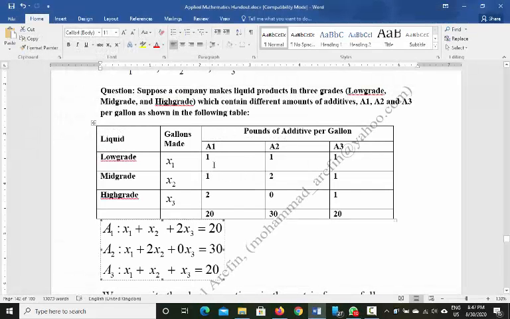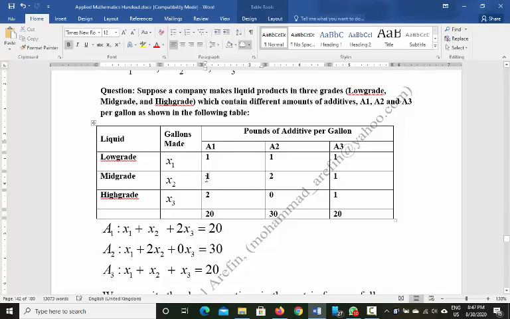Right, I'm repeating again. If you produce 1 gallon of mid-grade liquid, we will use 1 pound of A1. If we produce x2 gallons of mid-grade liquid, we will use x2 pounds of A1.